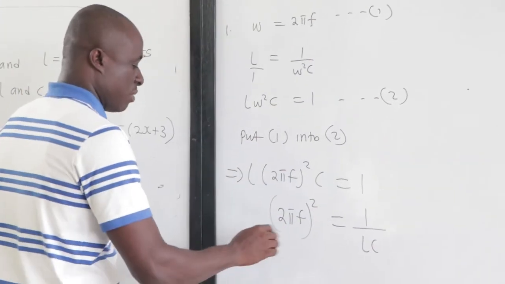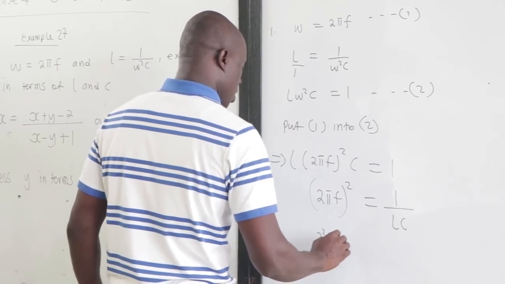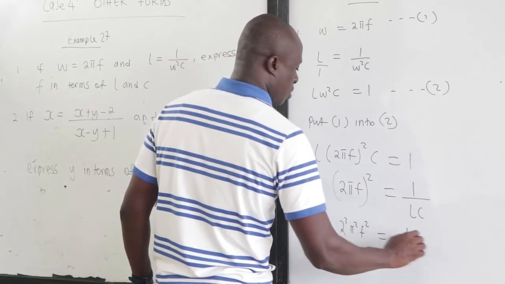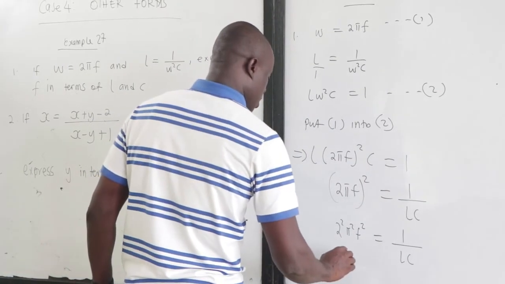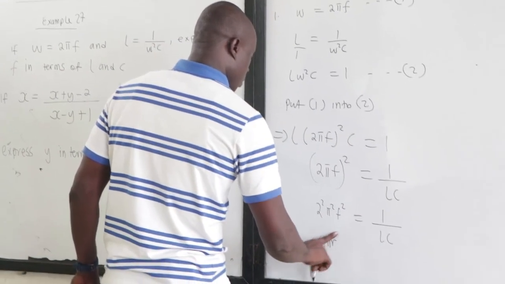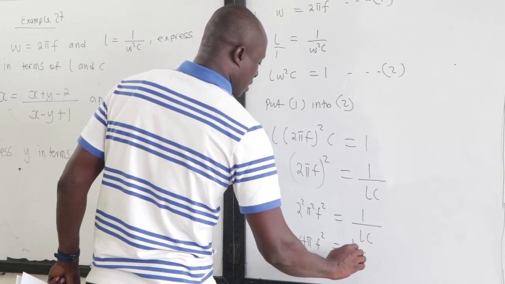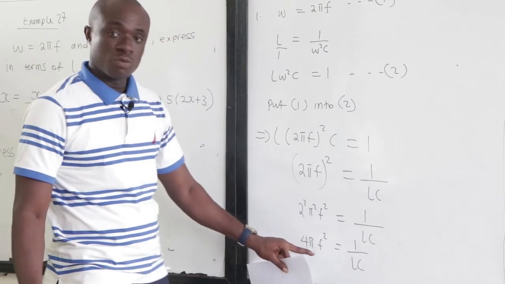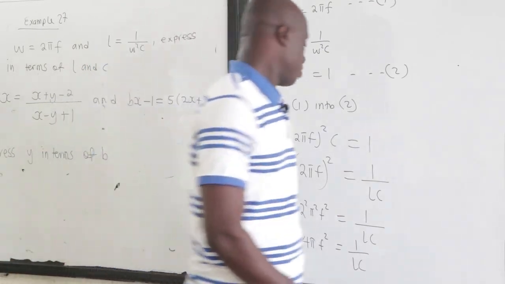Now with this, what are we getting? We are going to get 2 squared pi squared f squared equal to 1 all over LC. This will give us 4 pi squared f squared equal to 1 all over LC. I want to make f the subject, so I'll divide by what? 4 pi squared.